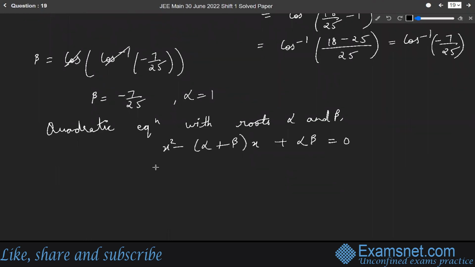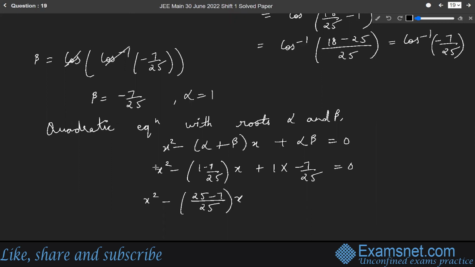So let us substitute the values of alpha and beta here. We have x square minus (alpha is 1 plus beta, beta is minus 7 by 25), so minus 1 minus 7 by 25, into x, plus alpha into beta, which is 1 into minus 7 by 25. This is equal to 0, right? So it will be x square minus, taking the LCM 25, (25 minus 7) by 25 into x, minus 7 by 25 is equal to 0.